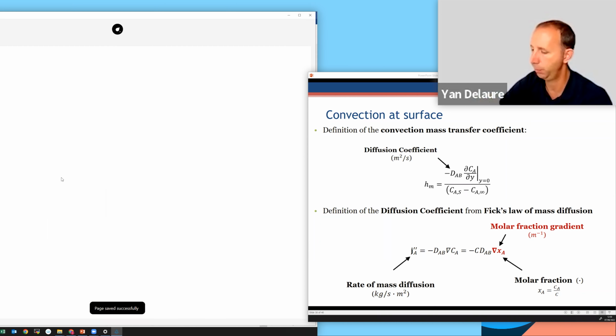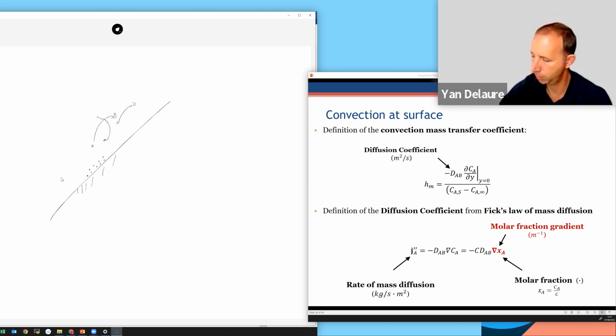Imagine that you have your surface and you've got, let's say, diffusion of your species A right there at the solid surface. And after that, you've got convection by bulk motion. So bulk motion of your gas will lead to convective transfer.